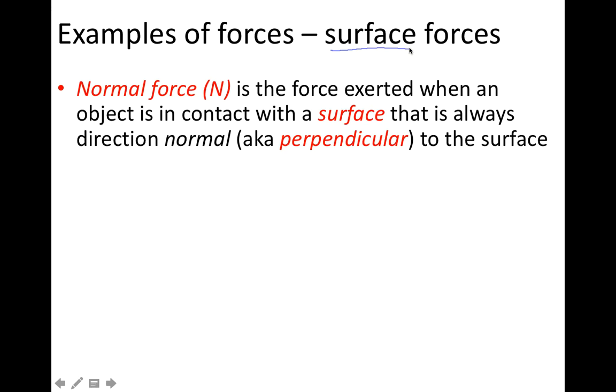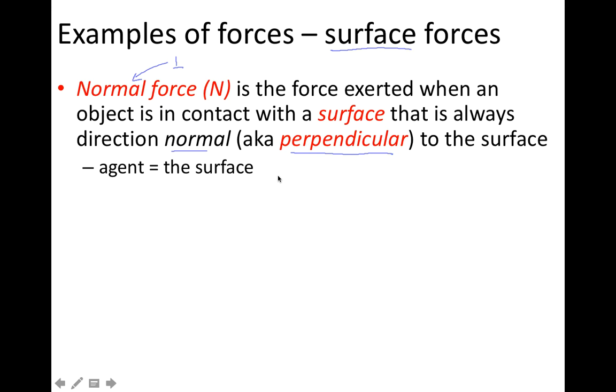So the first one is called the normal force. Now, the normal force does not refer to a typical or usual force. Here we're using the word normal as in the mathematical context of normal being perpendicular. So here, the normal is referring to the perpendicular part of the surface force that supports an object that's in contact with the surface.